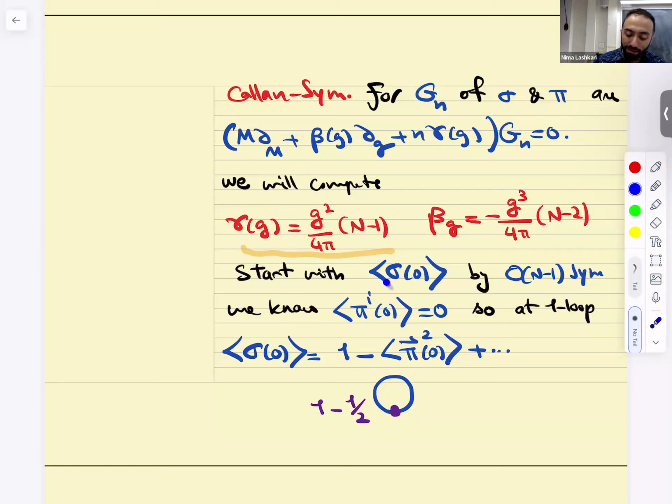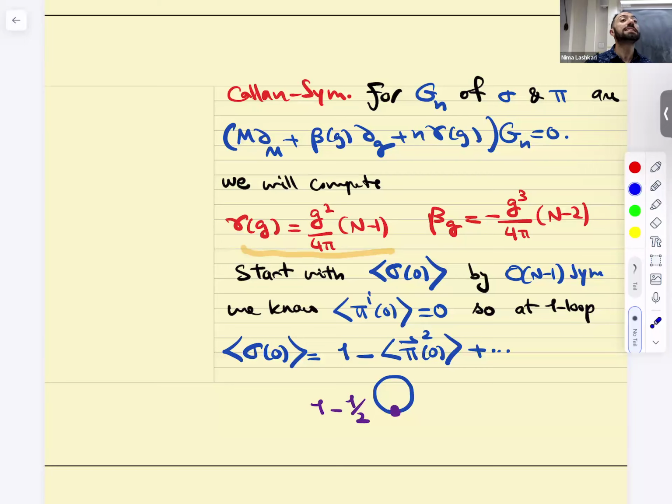Let's start with the 1-point function of sigma at 0. Why sigma at 0? Think about what. All right. Sigma of x. How do I know what's the relation between the two?